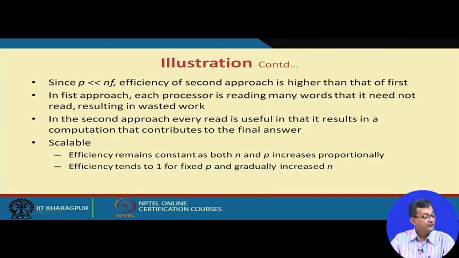Efficiency tends to 1 for fixed p and gradually increasing n, right. So, efficiency tends to 1 if the number of processors is fixed and we gradually increase n, that means we are increasing the data load with the number of processors fixed, and it basically approaches 1.